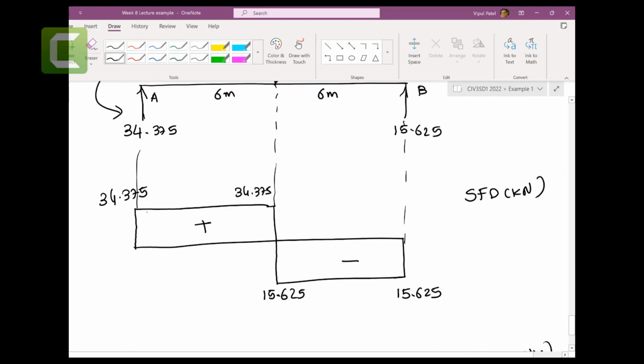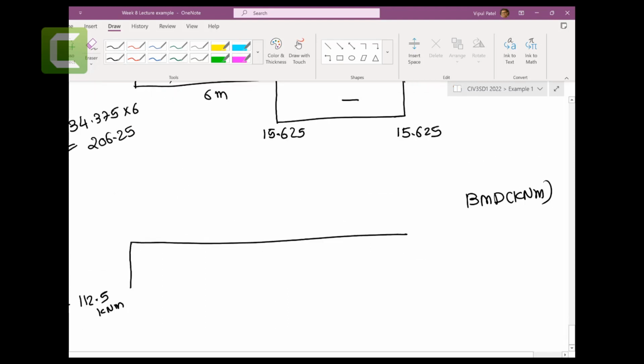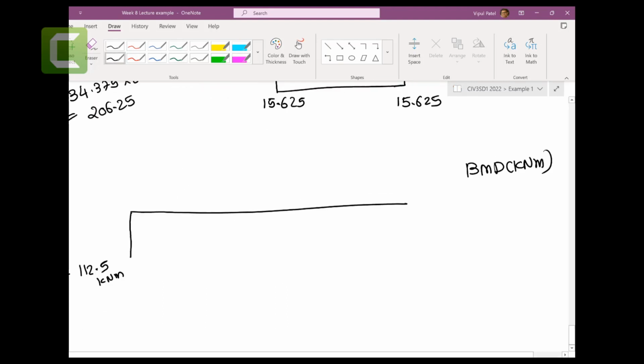Then this area. How much? Because this is 6 meters, so that would be 34.375 times 6. You get 206.25. So positive 206.25.